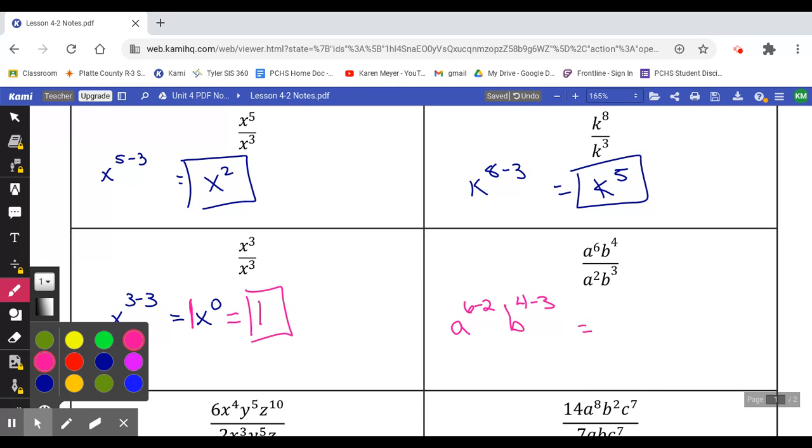And this would give me a to the 4th power, b to the 1st power. Now, b to the 1st power, you can either write it as b raised to the 1, or you could leave the 1 off, okay? Because if you don't write an exponent, then that means the exponent is a 1. So either way is acceptable.